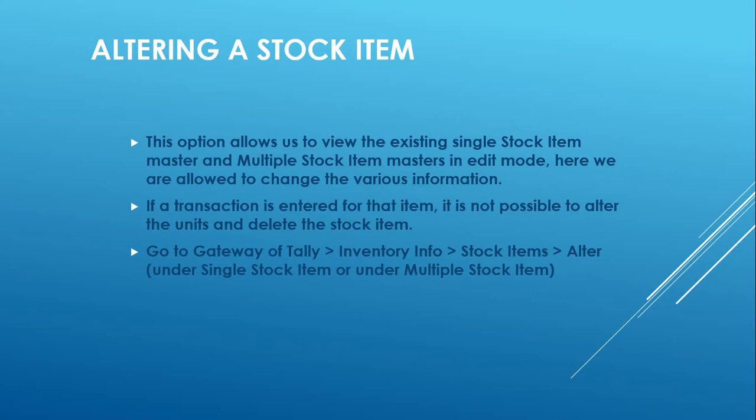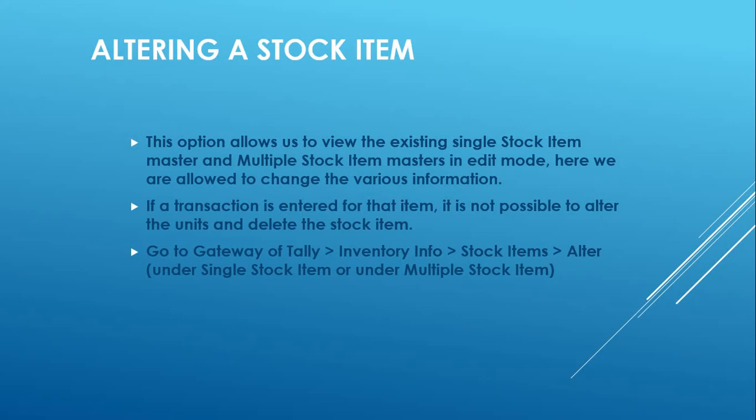Altering a stock item. This option allows us to view the existing stock items in edit mode, where it allows us to change the various information which is entered about a stock item.